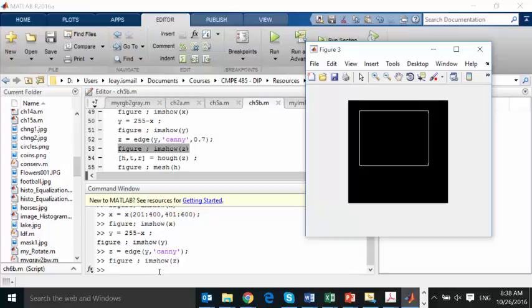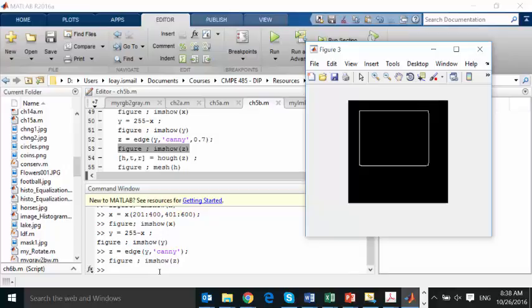Right? Once I have this edge image, now I can pass it to the Hough transform. So after having this edge image, I will pass it to the Hough transform function in order to have the transformed image in the space of rho and theta.